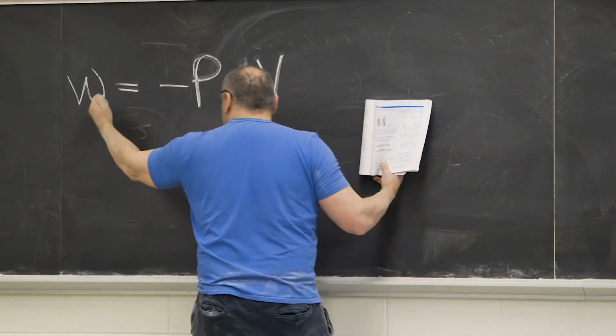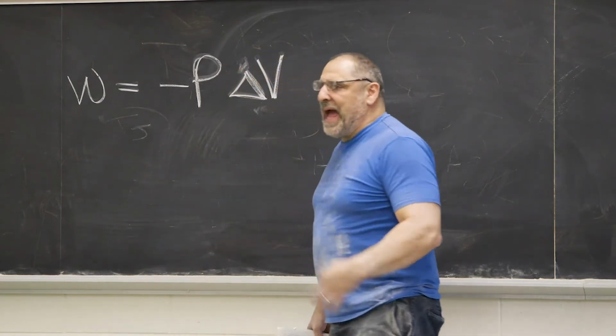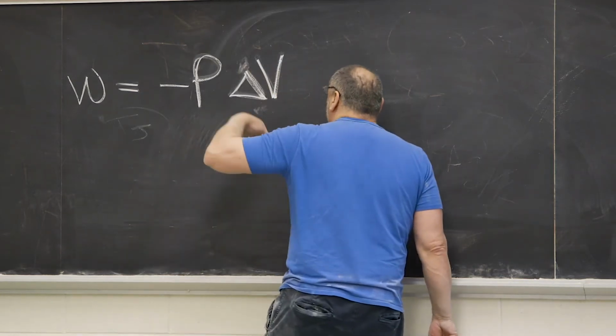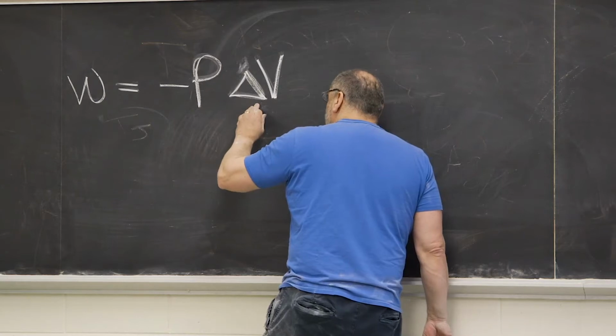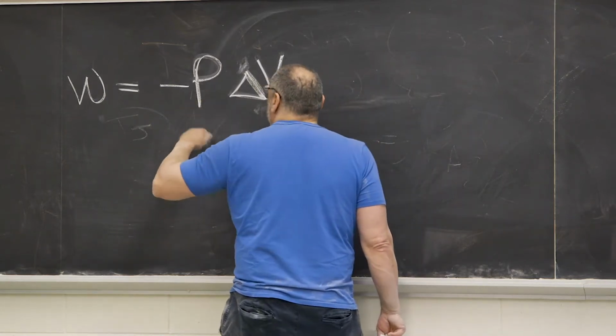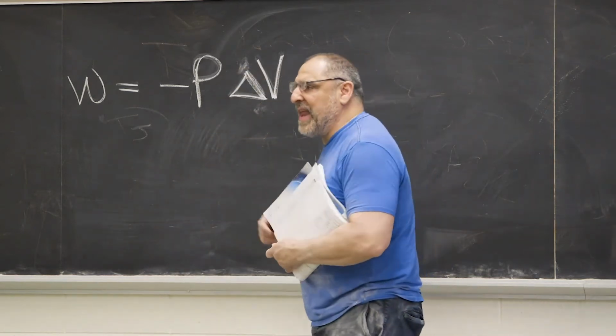Negative times negative is a positive answer. So if you compress a gas, you did work on the gas, and that's positive work. If the gas expands and does work on the environment, delta V is a positive number. Positive times negative is a negative answer. So the work that was done on the gas is negative.